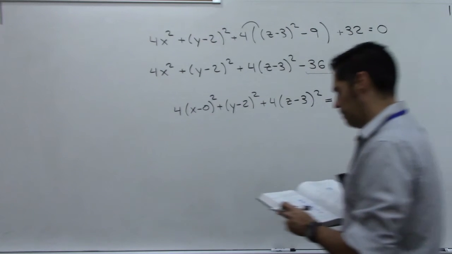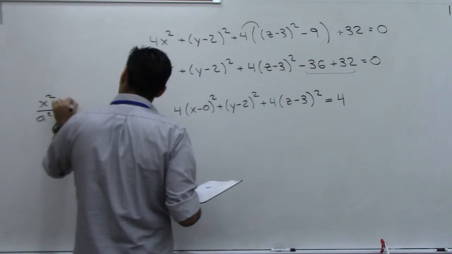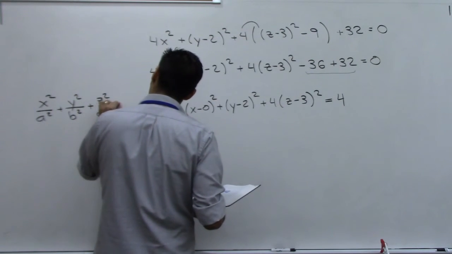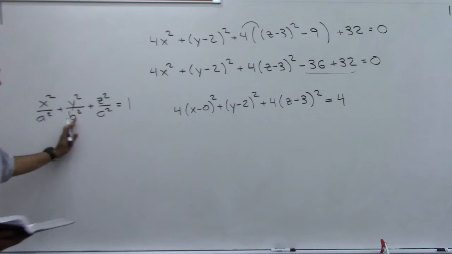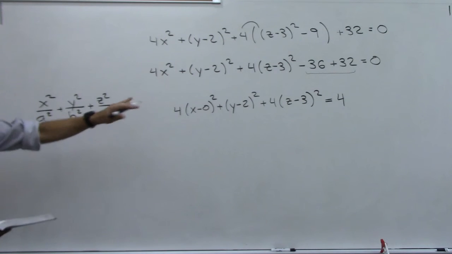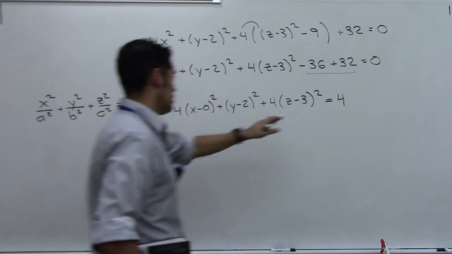An ellipsoid has the form x squared over a squared plus y squared over b squared plus z squared over c squared equals 1. So we have all 3 variables squared, and then numbers underneath, and this side 1. So the key is that they're all positive, and that I have a 1 on the other side. So let me turn that into a 1.